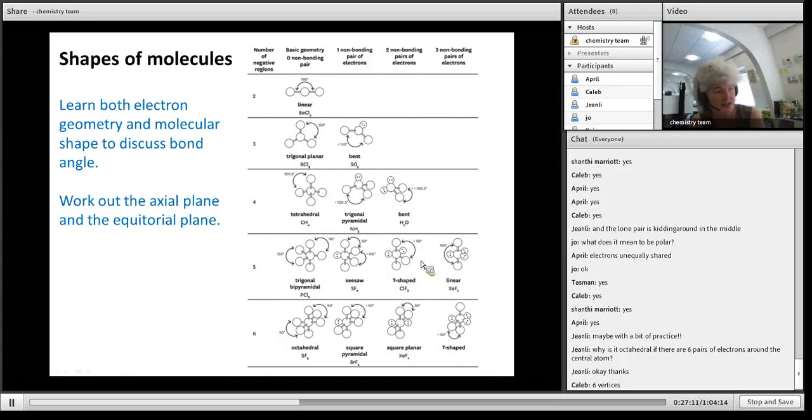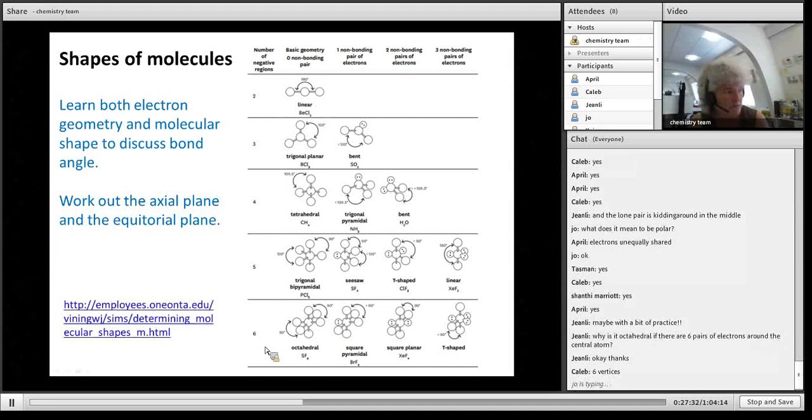Notice how they're always adding into the equatorial plane. And we've done the same thing here, but I will say because they're all 90 degrees from each other, it's not actually that important. Okay, so you think you can all discuss shapes of molecules without a problem?